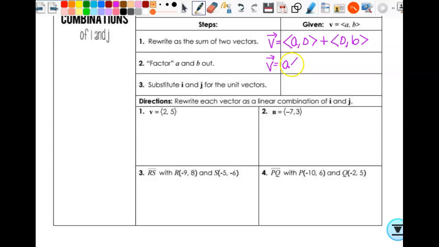So I'll get a times <1, 0> plus b times <0, 1>. Because if I were to multiply it back, a times 1 and a times 0, I'm going to get those back, right? Everybody okay with that? And then we've already defined this is i and this is j, so that means vector v is a times i hat plus b times j hat.